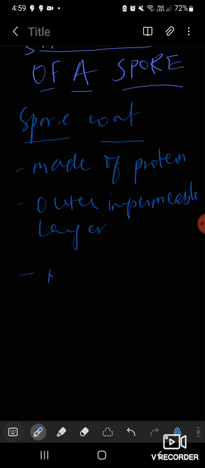It is an outer impermeable layer. Then it is made up of a protein known as keratin.